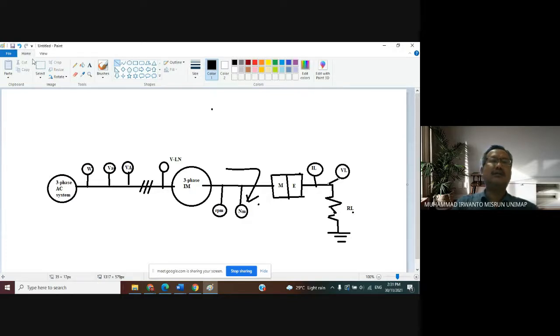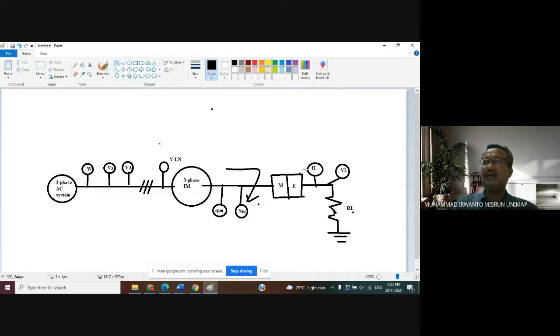Now when it is run, we can obtain some parameters. The first are active power in watt, var, VA, line to neutral voltage, RPM, Newton meter, load current, load voltage, and line voltage. The multiplication of IL and VL is the output power.